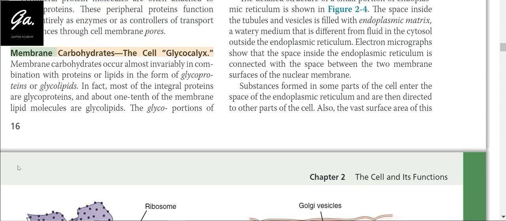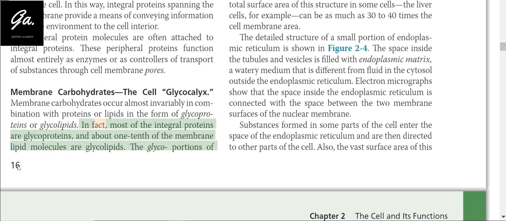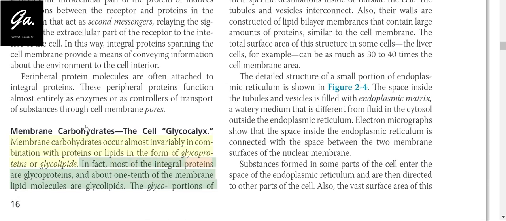Membrane carbohydrates. The cell glycocalyx. Membrane carbohydrates occur almost invariably in combination with proteins or lipids in the form of glycoproteins or glycolipids. In fact, most of the integral proteins are glycoproteins, and about 1/10 of the membrane lipid molecules are glycolipids.